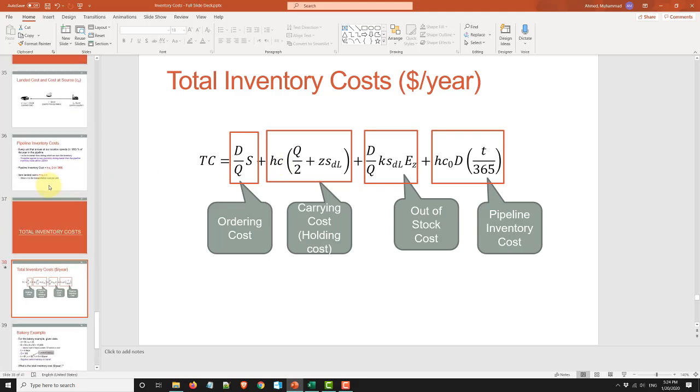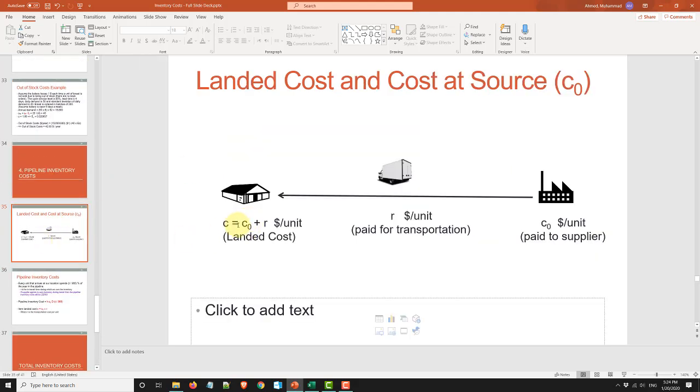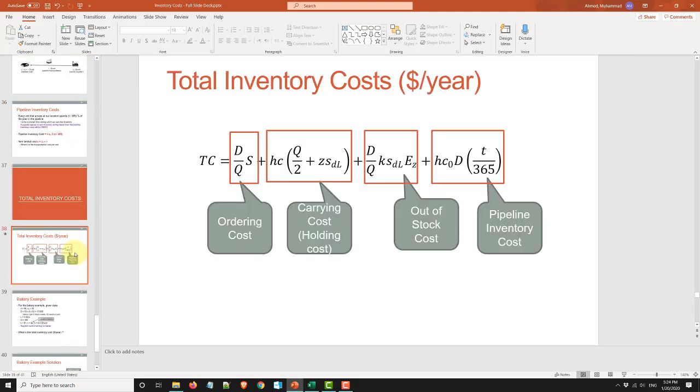So if you remember this slide, we talked about C, the landed cost, which is C naught plus R, and C naught is what you pay to the supplier that does not include the transportation expense. So that's going to be C naught. Why? Because when the goods are being transported, you haven't paid the transportation company yet, so the cost of the item being transported is just C naught and not the landed cost of C.